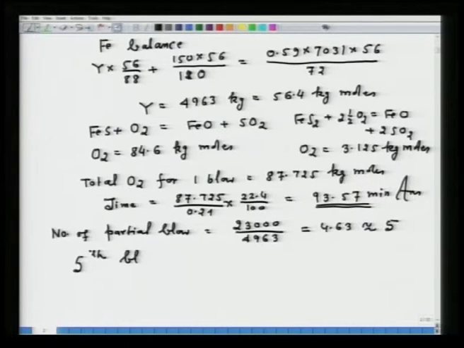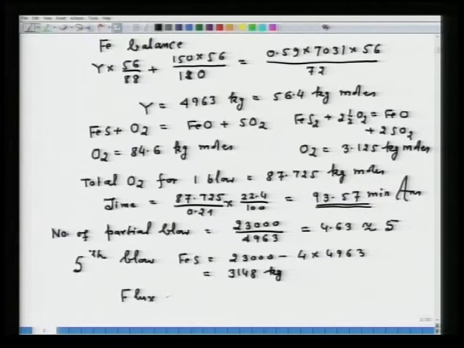In the fifth blow you will not have 4,963 kg. The FeS left will be 23,000 minus 4 into 4,963. So, you require to remove 3,148 kg of FeS. Now, you can calculate the flux with the same iron balance. So, the flux required for the fifth blow will be 1903 kg.